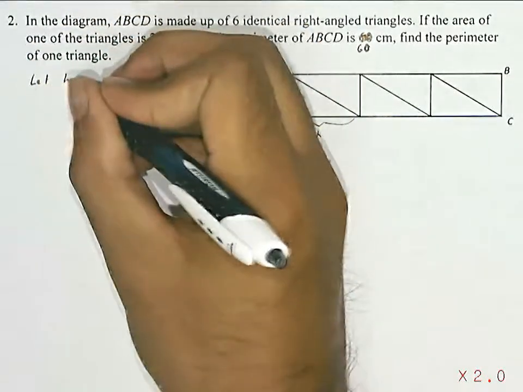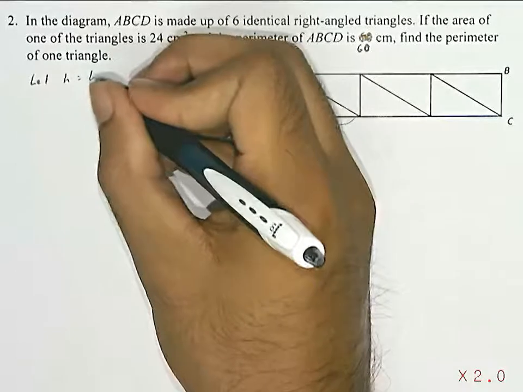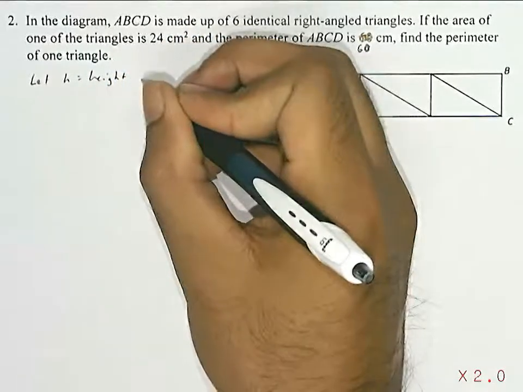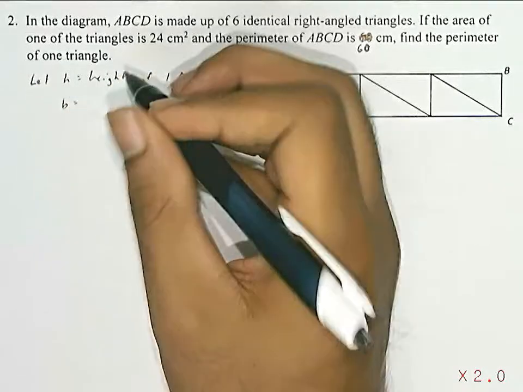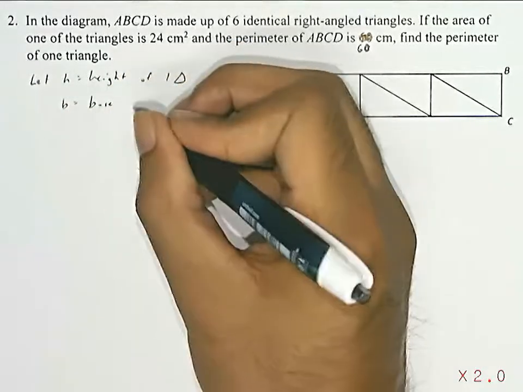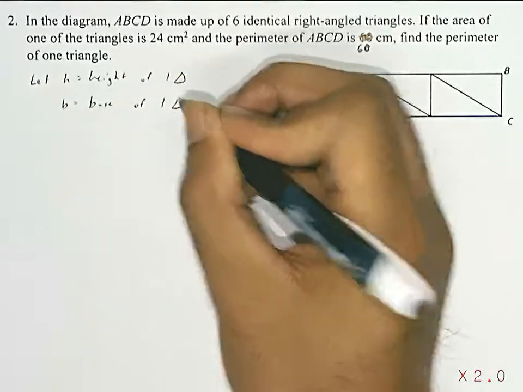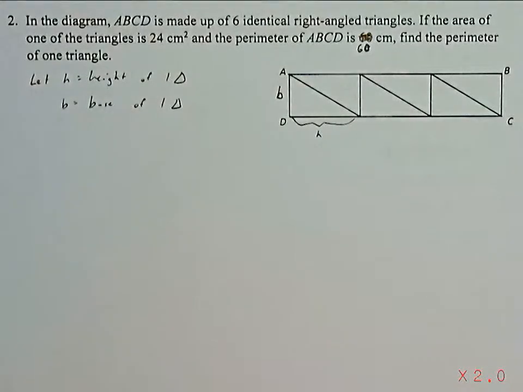Let h equal the height of one triangle and b is the base of one triangle. Okay, now we can start by forming our two equations. So let's convert the statements given in the question into mathematical equations.